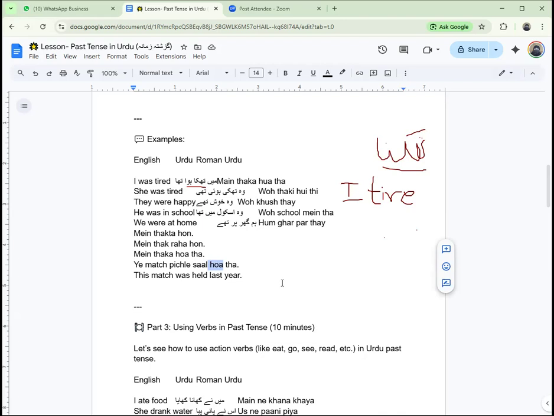This match was held last year. I think this explanation works. It's still kind of confusing, but I think I'll look for more information about that. So we can continue. Okay.